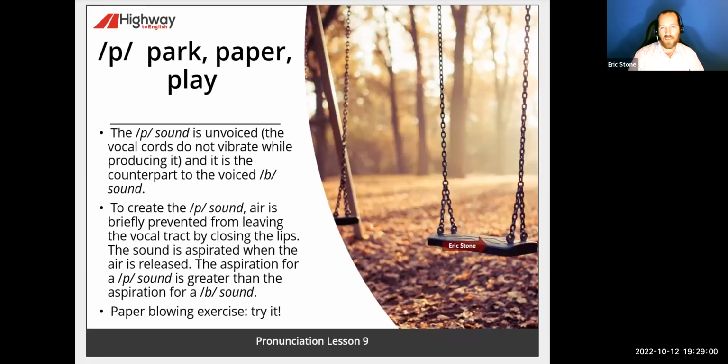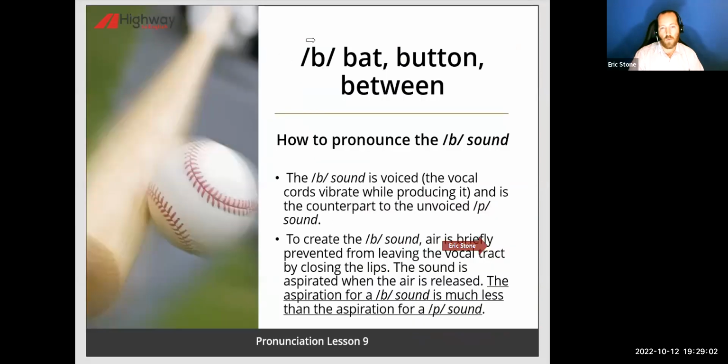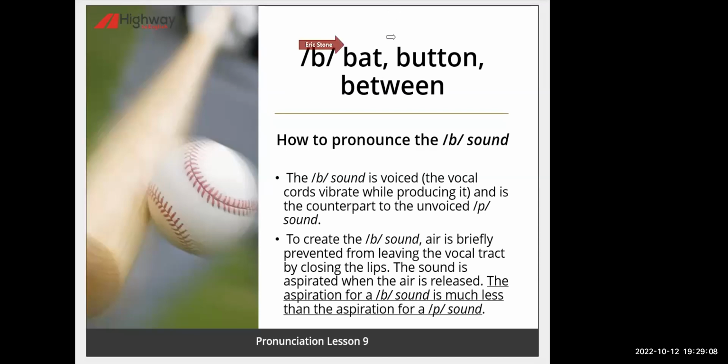So moving on. So that's the unvoiced, and then we have the voiced sound: bat, button, between. Try those. Bat, button, between. Continue. How to pronounce the b sound? The b sound is voiced. The vocal cords vibrate while producing it, and it is the counterpart to the unvoiced p sound.